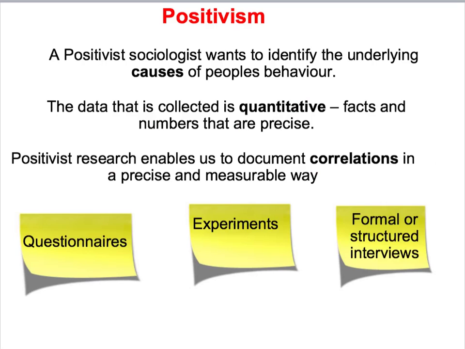Positivism focuses on aspects of social behaviour that can be directly observed and measured. So the preference within this school of thought is for quantitative research methods, and these enable sociologists to document correlations in a precise and measurable way.